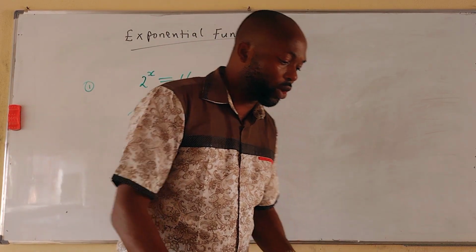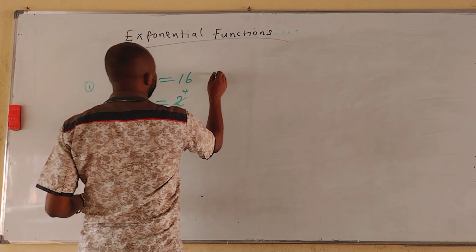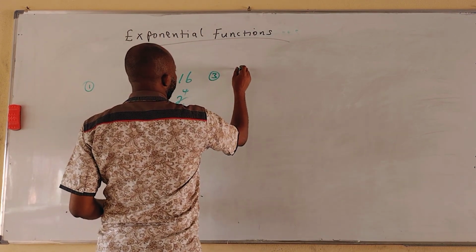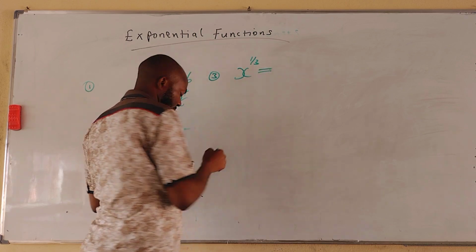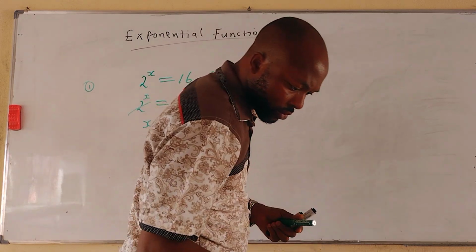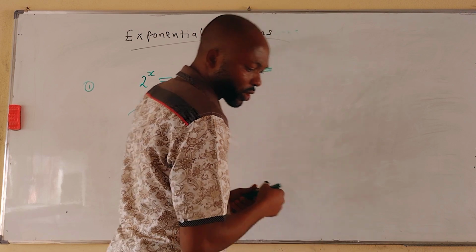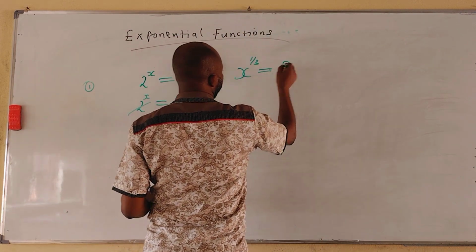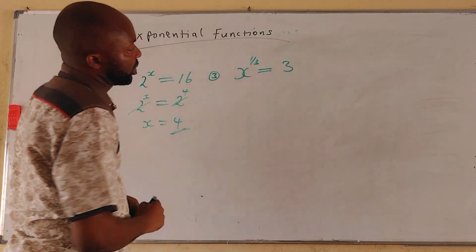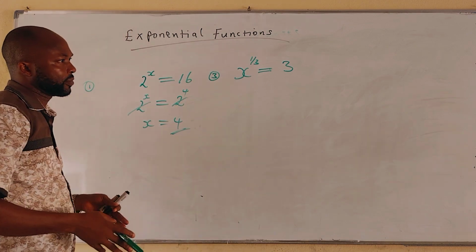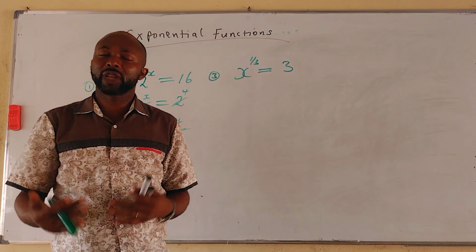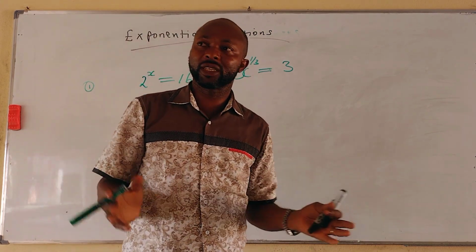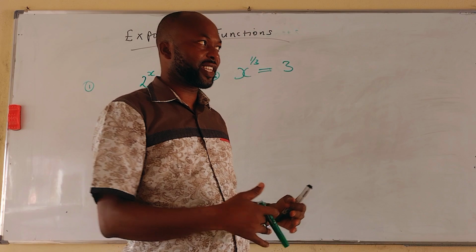Simplify x raised to the power 1 over 3 is equal to 3. Now, this change of subject or formula has taught us some basic principles which we use to solve things like this.